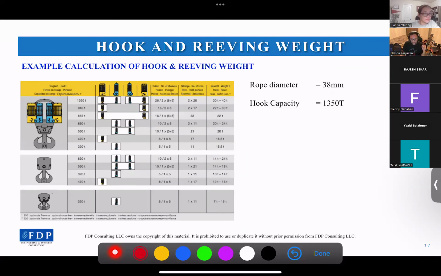So yeah, for example, I took the LR 11350 crane here. This table I got from the manual book. So let's say we have a 1,350 tons hook capacity attached currently to the crane, and the rope diameter is 38 millimeters.